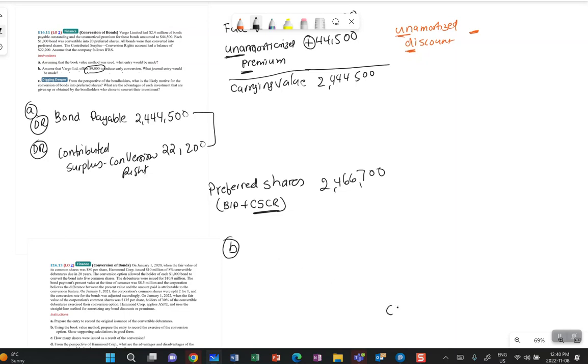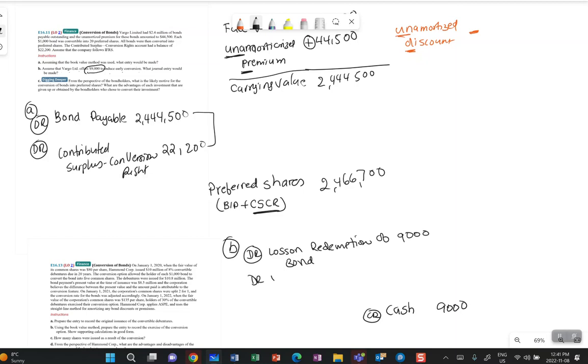How much extra did they pay? They paid 9,000 extra. That will be a credit to cash, and the debit will be loss on redemption of bond, which is your $9,000. The rest of the entry will be exactly the same.